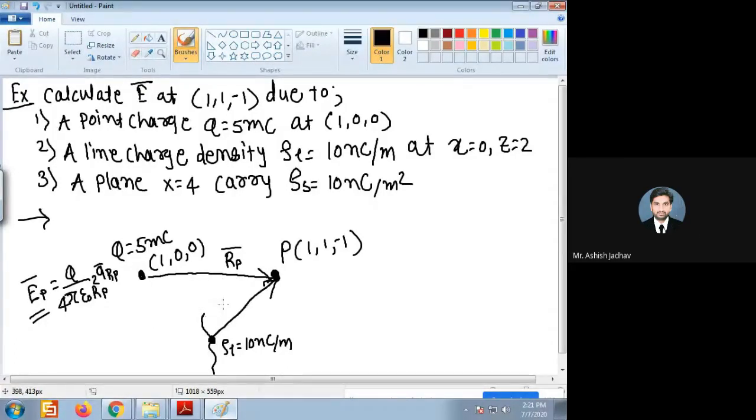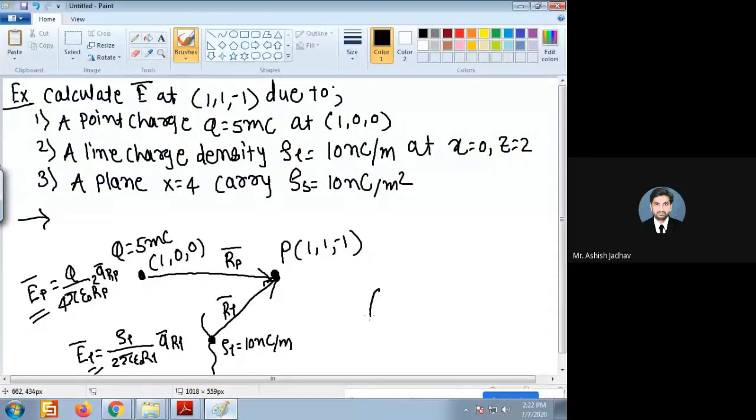In that case, you have to consider this vector as RL bar, and you can find the electric field intensity because of this line charge: EL is equal to rho L upon 2 pi epsilon naught RL, A bar RL. Right? So you can use this formula to obtain the electric field intensity because of line charge.